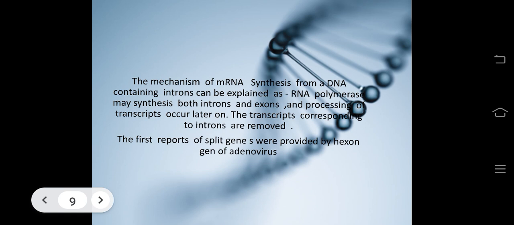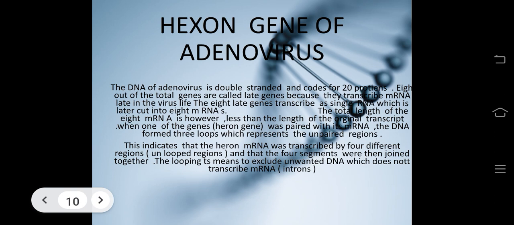The mechanism of mRNA synthesis from DNA containing introns can be explained as: RNA polymerase may synthesize both introns and exons, and processing of transcripts occurs later on. The transcripts corresponding to the introns are removed. The first reports of split genes were provided by the hexon gene of adenovirus.